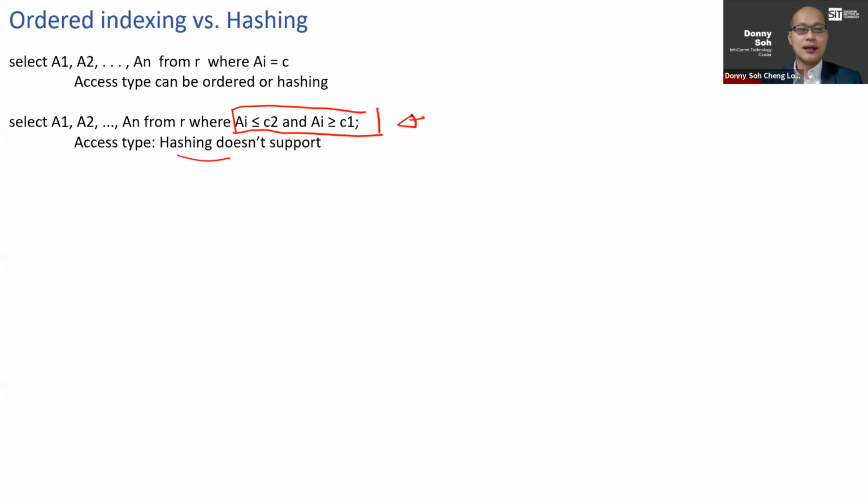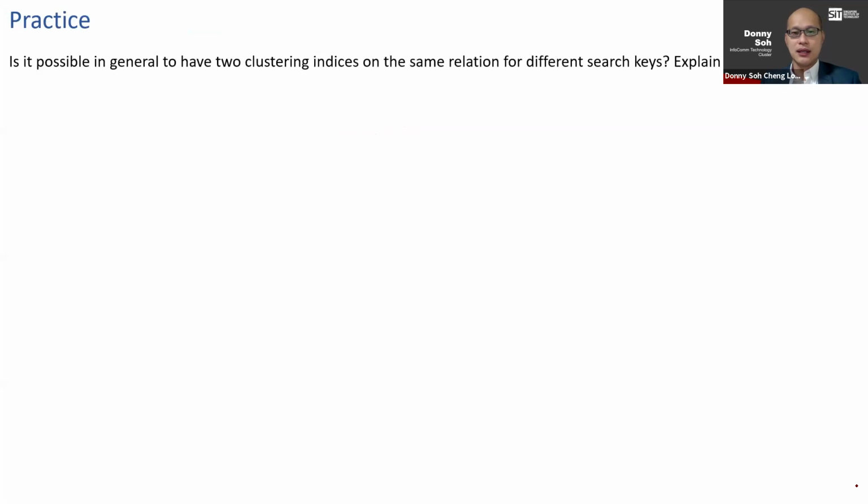Okay, now I have a practice question for you. In general, is it possible to have two clustering indices on the same relation for different search keys?